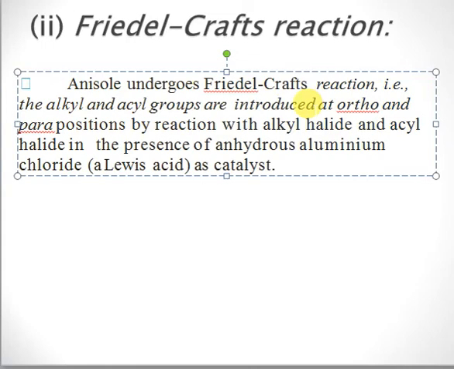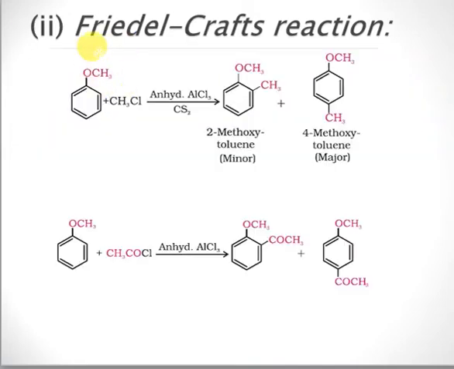Since the methoxy group is ortho-para directing, the alkyl group or acyl group is added at the ortho or para position. This reaction takes place in the presence of a Lewis acid as a catalyst, and the best catalyst for this is anhydrous aluminum chloride. Let's see the examples.